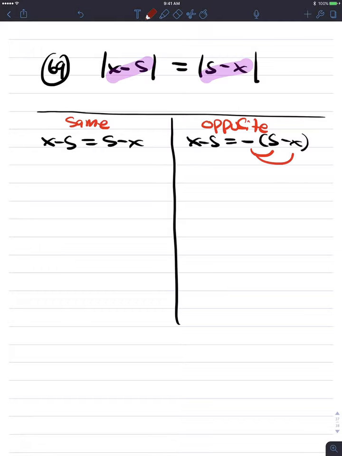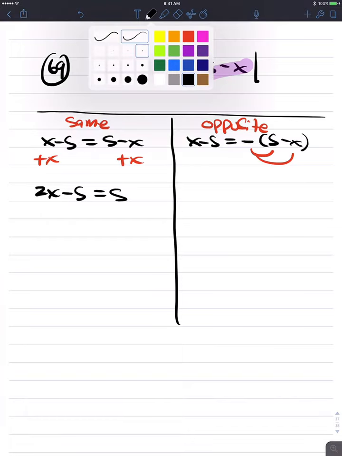Distribute on the right side. So let's solve these equations here, and we notice we get plus x, and on the left I have 2x minus 5 is 5.